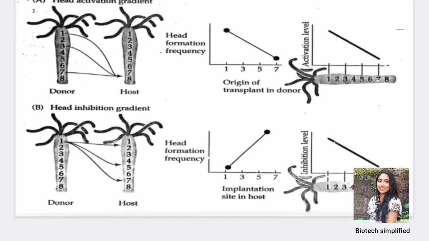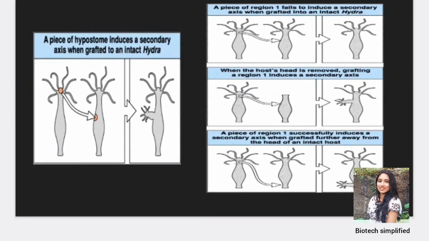And it was because of this reason, as we saw in the earlier case, that when the head is removed and placed in the trunk, a head or the secondary axis is not developed. This is because it is in close proximity with the head, so it inhibits the head. So even though the head activating gradient is present, because of the presence of the head inhibiting gradient, there is no secondary axis.